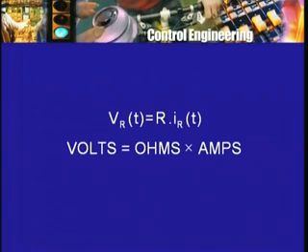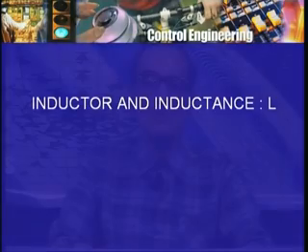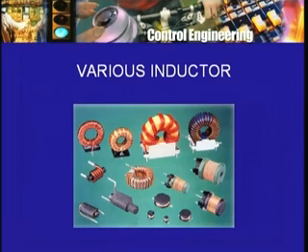What about the other component in the circuit? It's the inductor. Now the inductor has a parameter associated with it, namely the inductance. The standard symbol for that is of course L. Just as the resistance is the parameter associated with the physical device resistor, inductance is the parameter associated with the physical device inductor. And once again, like the resistor, an inductor or a coil can come in different sizes and shapes and material and so on.